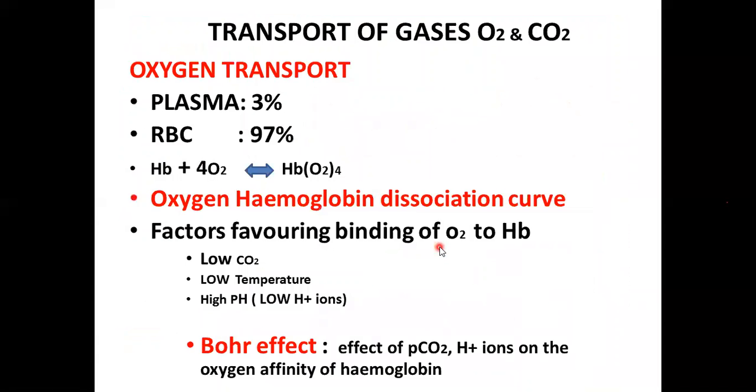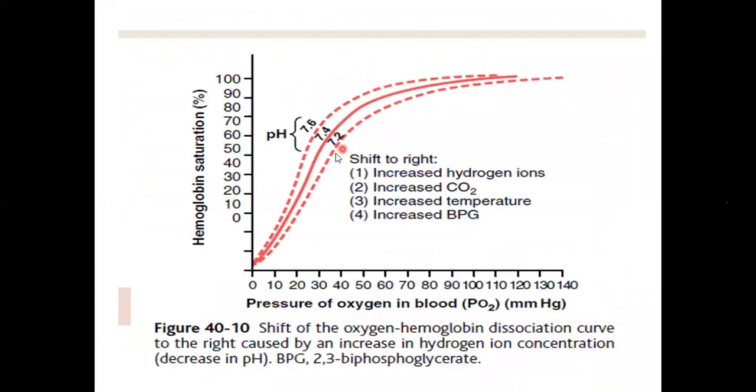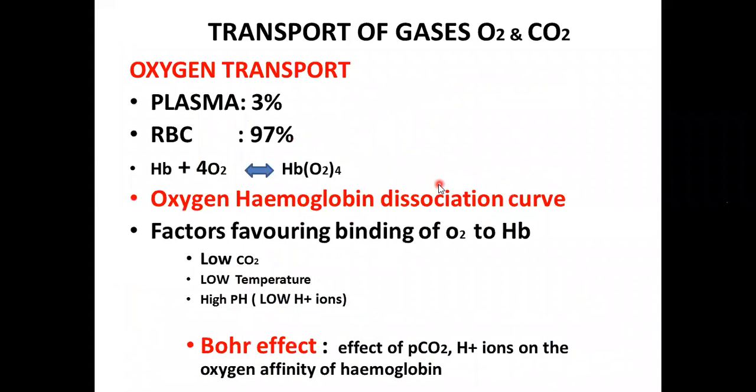So during the high pressure, what happens? The oxyhemoglobin dissociates to form hemoglobin and oxygen. And this is favored by one, the increased carbon dioxide pressure, and the temperature at tissues is also high, and the hydrogen ions concentration is also high. That means we have very low pH. Here in the alveoli we have high pH.